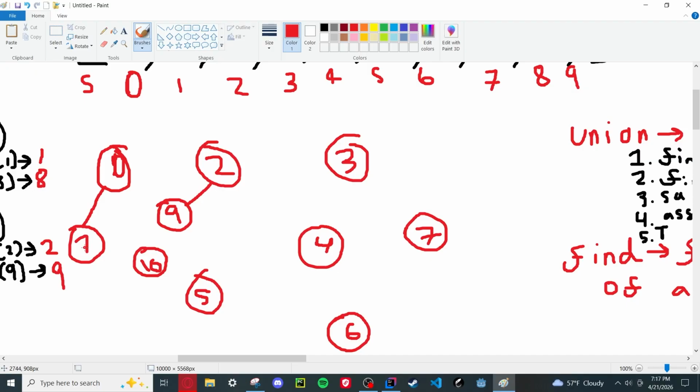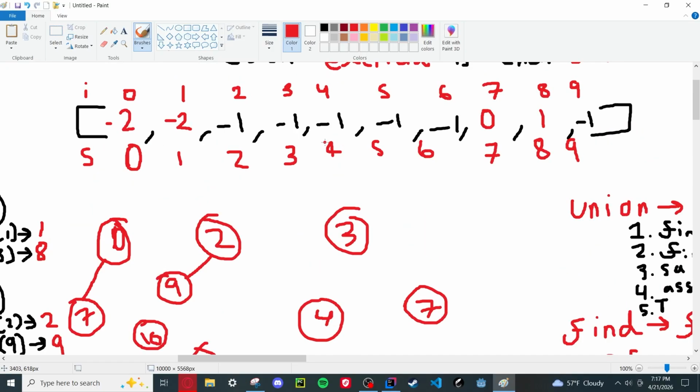Make everything proper. This should be 0 to 7. I don't want you guys getting confused when I have something so easy as disjoint sets, just because my example is unnecessarily complicated. That's the worst thing you want to do.